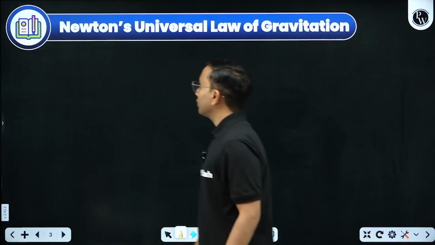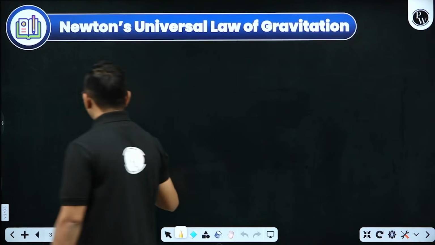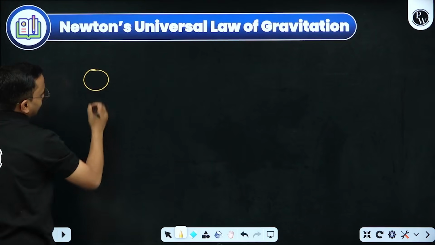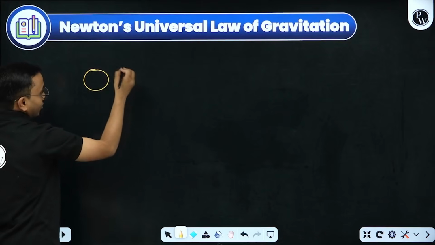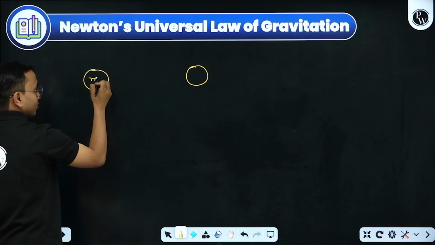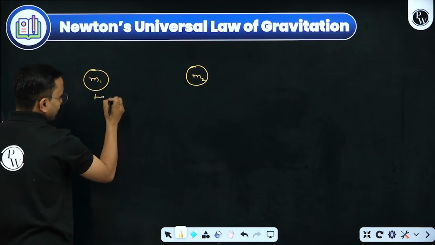So let us begin with the first thing, Newton's universal law of gravitation, which states that two masses, let us take this is m1, I'm considering point masses, m2, they are kept at a separation of r.